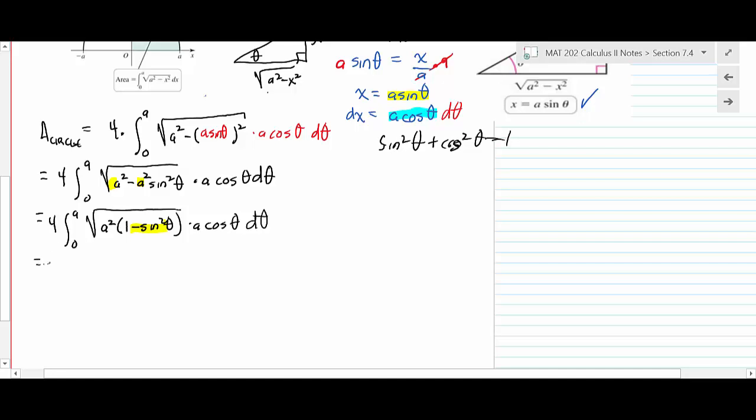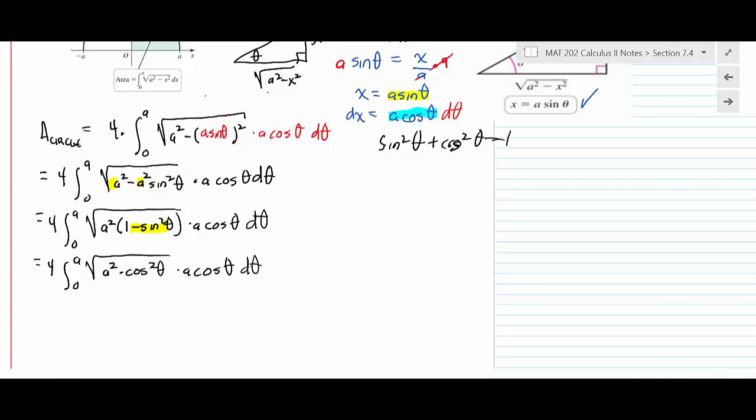So we're going to change this to 4 times the integral from 0 to a of a squared cosine squared theta times a cosine theta d theta. Now, what happens to that radical? It becomes a cosine theta, right? If you take the square root of something squared, it undoes the square.